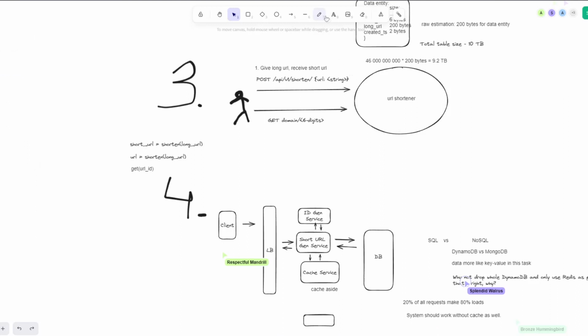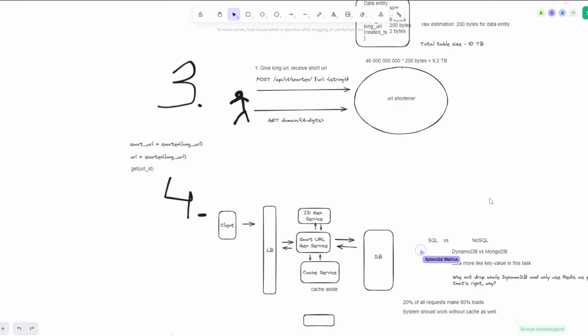And there is another consideration: we should work even if the cache is down. The cache helps us make things faster, but we should be able to live without it. That can happen, but the service would slow down somewhat.